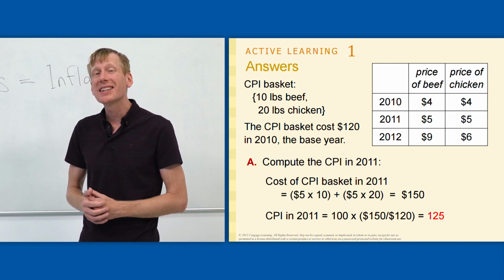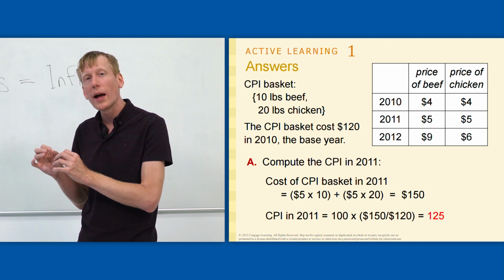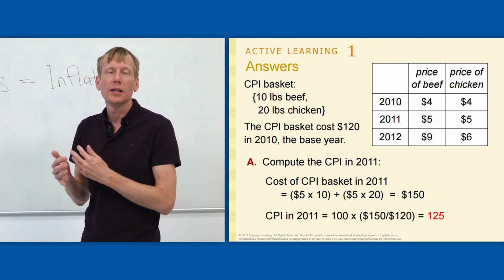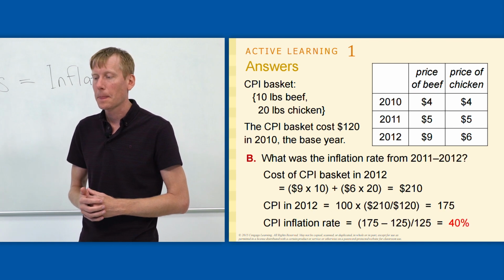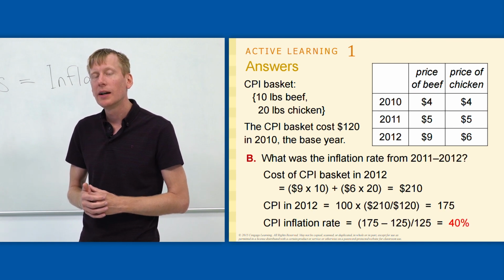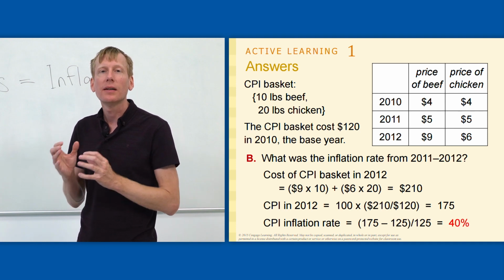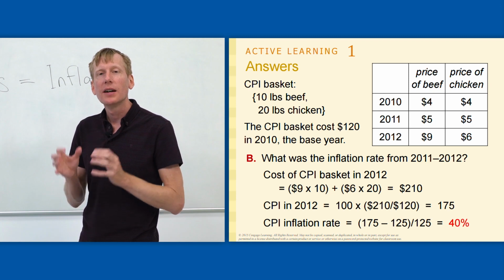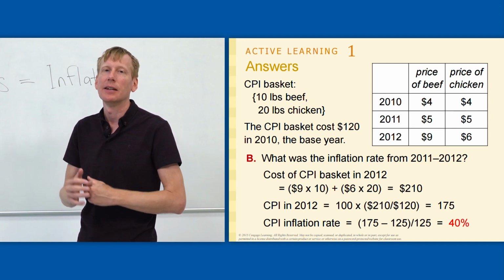Now, next let's look at what the CPI is in 2012, and therefore what the inflation rate is between 2011 and 2012. Now, in 2012, the price of beef rises to 9, but in our basket, we continue to include 10 units of beef. So our beef cost in the basket becomes 9 times 10, 90.